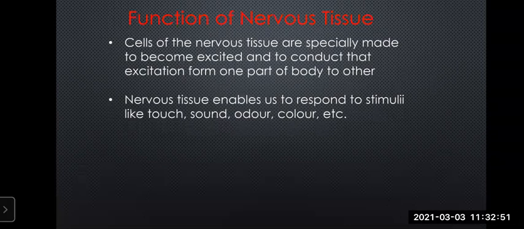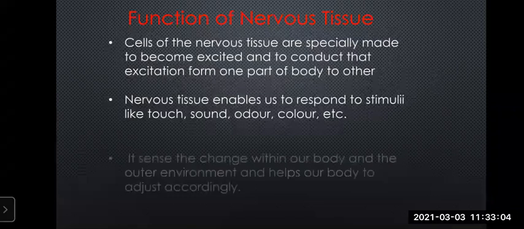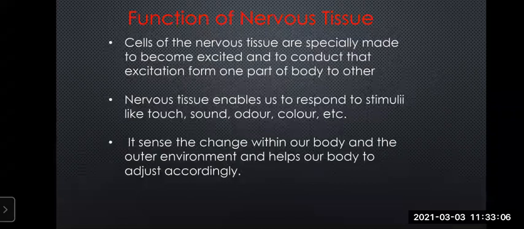It enables us to respond to any change or any situation in our environment or in body. It may be touch, sound, odor, color. Okay. Then it senses the change within our body and the outer environment and helps our body to adjust accordingly. Just let me give you the example. When the temperature outside increases, our body starts sweating.